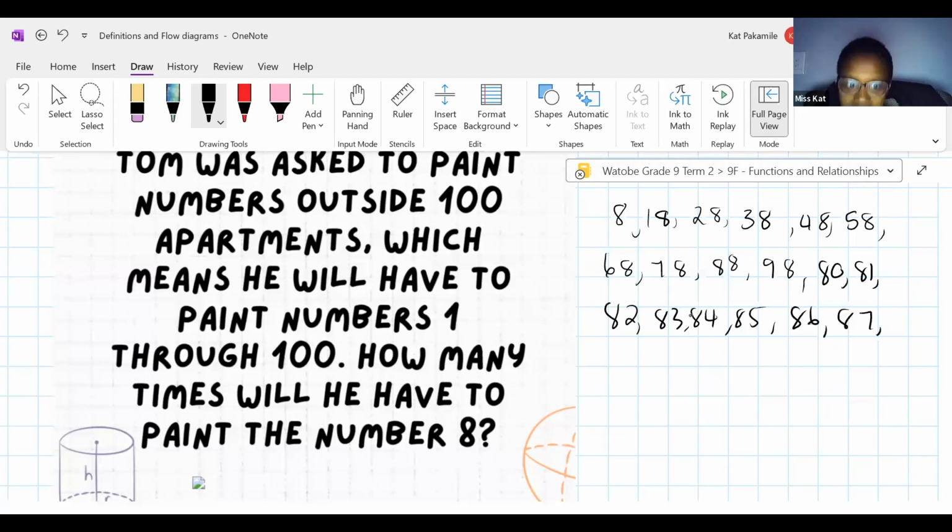Okay, let's count again: 1, 2, 3, 4, 5, 6, 7, 8, 9, 10, 11, 12, 13, 14, 15, 16, 17, 18, 19. I feel like I missed one. Is that all of them? 81, 82, 83, 84, 85, 86, 87, 88, 89. And it's 90, isn't it?